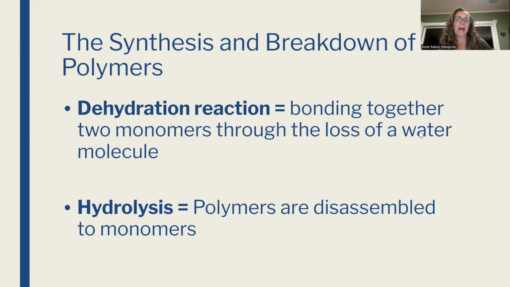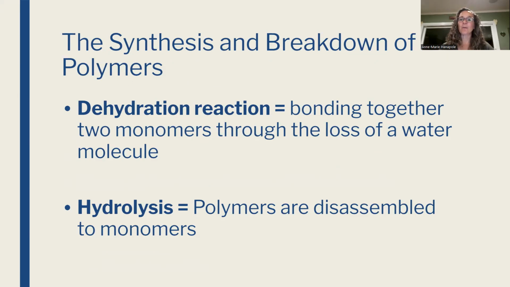So when we look at how we make those macromolecules from those monomers or simple subunits, the process is dehydration reaction. So dehydration reaction is bonding together two monomers. And the reason why it's called dehydration synthesis is because you are taking out water from that molecule, from that process.